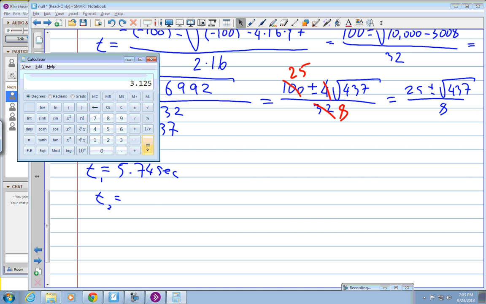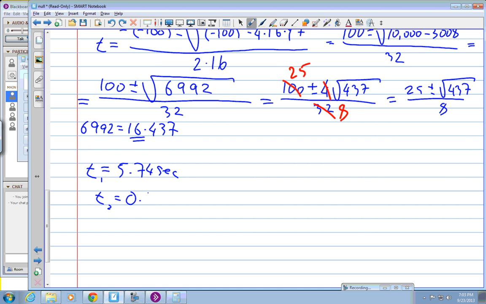Okay, I made a mistake here. 25 minus the square root of that, divided by 8, so about half a second, 0.51. So that's how long it took us to reach 50 feet on the way up and on the way down. Isn't that exciting?